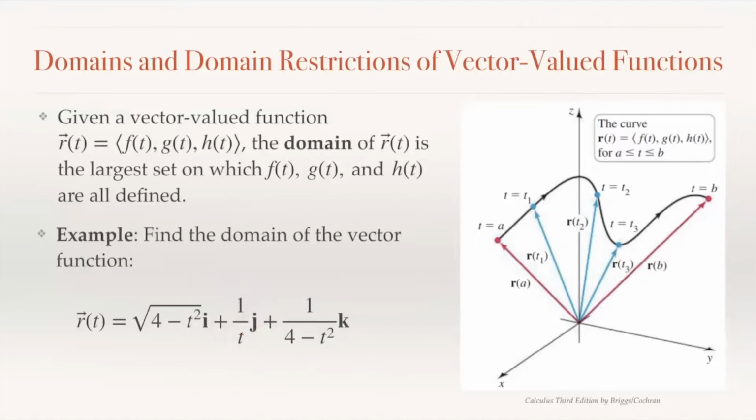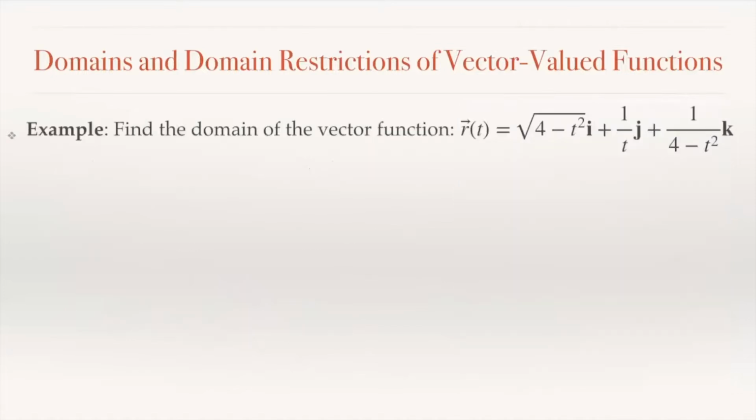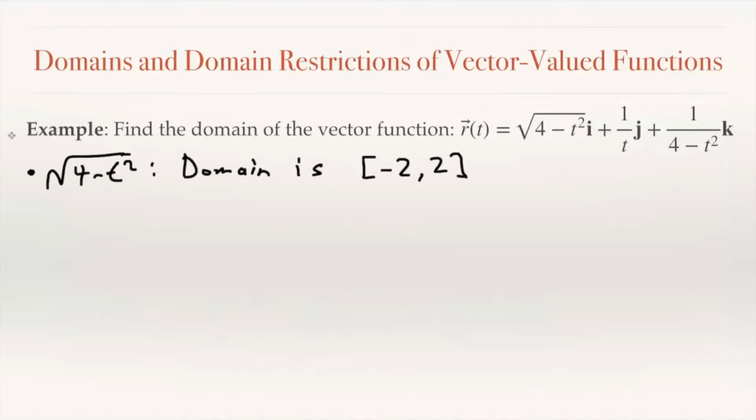So let's consider all three parts. So the first part, root of 4 minus t squared, the domain of that is -2 to 2 inclusive, else we take a square root of a negative number.